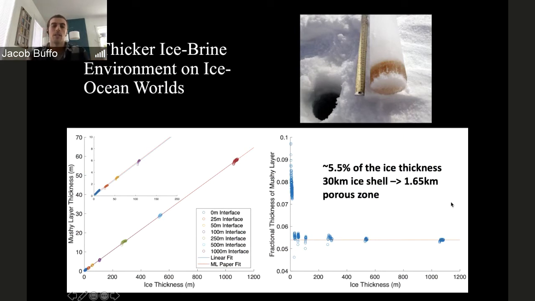Instead of the few-centimeter thick system we see at the top right in something like sea ice, you could have something much, much thicker. So you would have a lot more real estate, a lot more space, a lot more variety and heterogeneity for things to populate and thrive in.